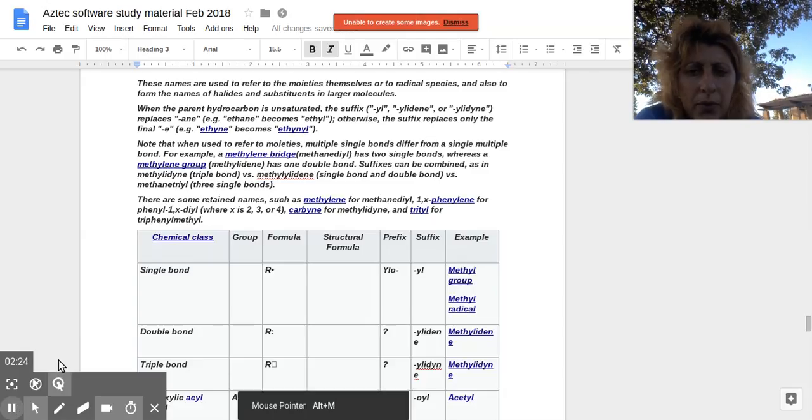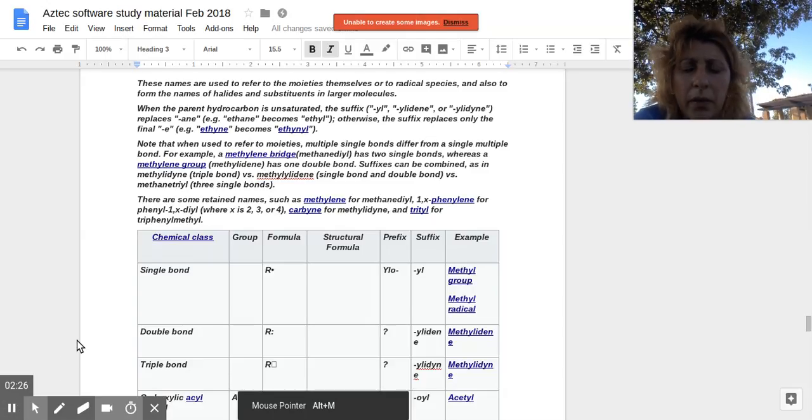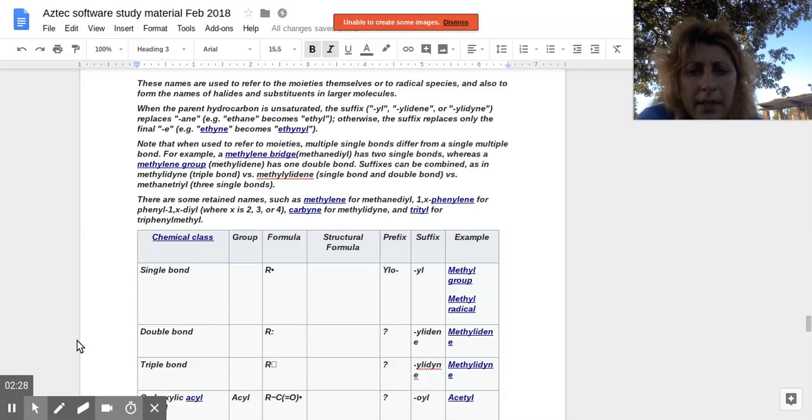The "ane" is replaced by "yl", Y-L. Unsaturated means that it's a double bond. Or the final E is replaced by "yl", so ethene becomes ethenyl.